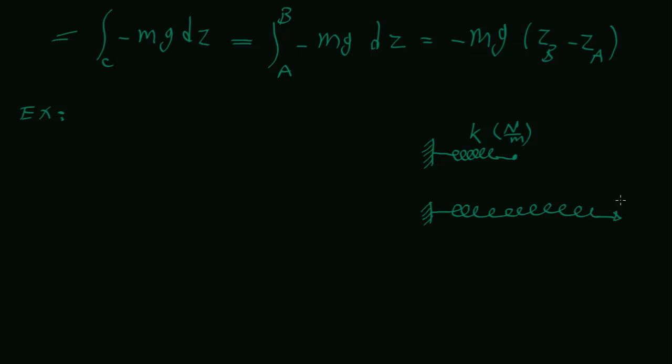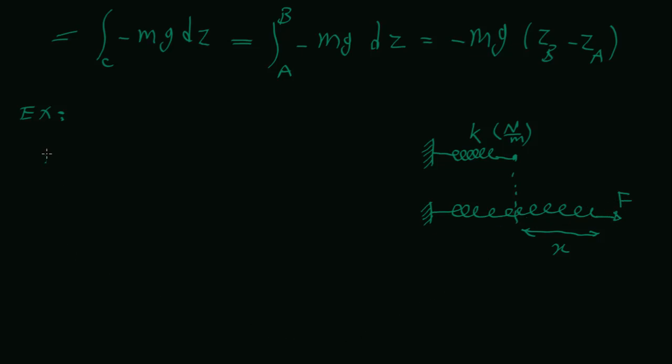Here we have an exerted force F, and you can see that's the initial length of the spring, and here we have stretched the spring by this value, which we can call x. We want to calculate the work done by this force on this spring.